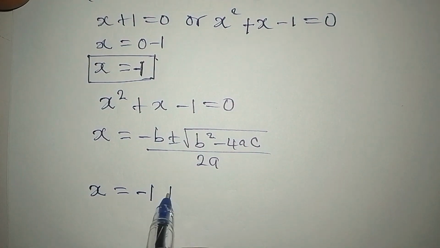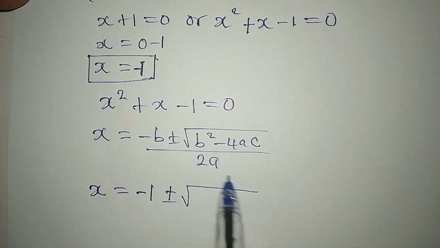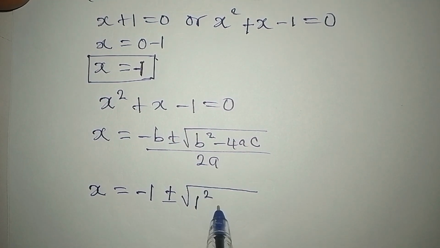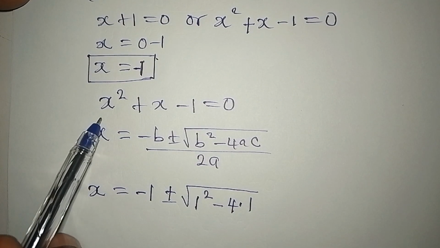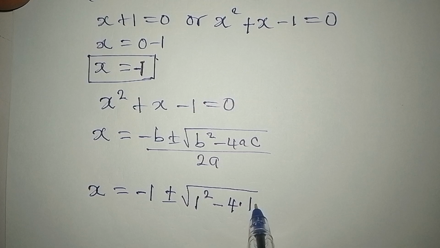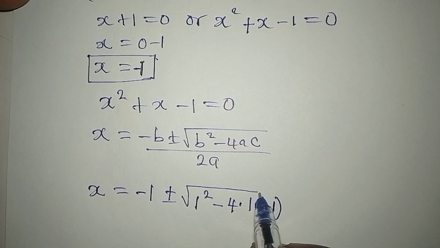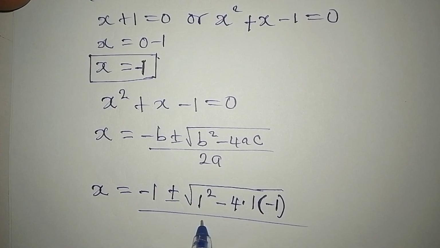Then, plus or minus, we have b squared. That will be 1 squared minus 4 times a. a is 1, the coefficient of x squared. Then multiply by c. c is minus 1. So I can put minus 1 in place of c. And this is over 2 times 1.